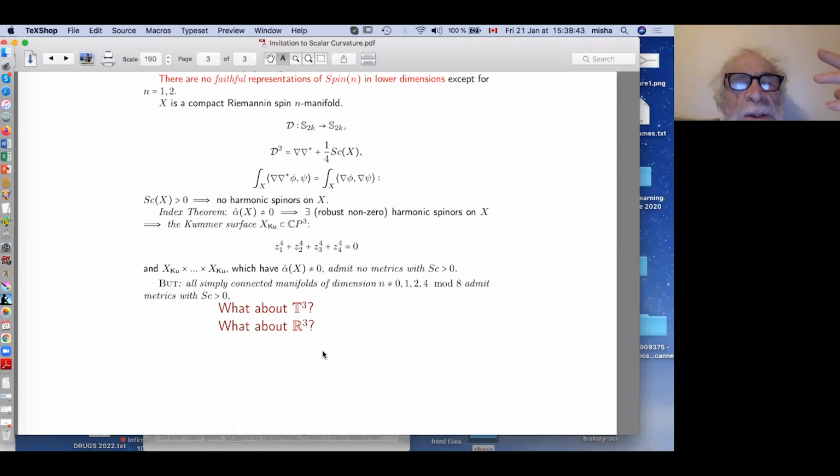The next stage was a realization that there is a similarity between the scalar curvature problem, the topological scalar curvature problem, and so far this is topology, geometry doesn't enter this, trying to understand which manifolds support and which do not support a metric with positive scalar curvature, and a problem from topology, which is the Novikov conjecture.